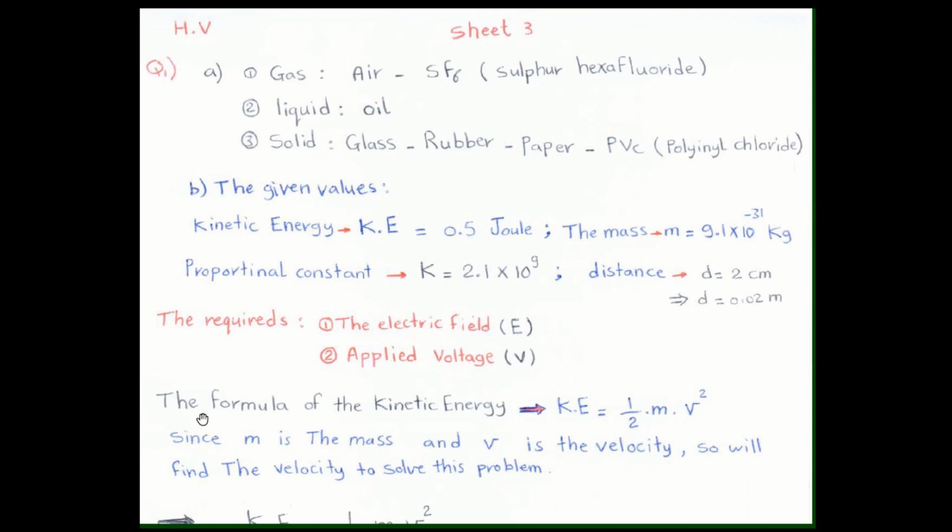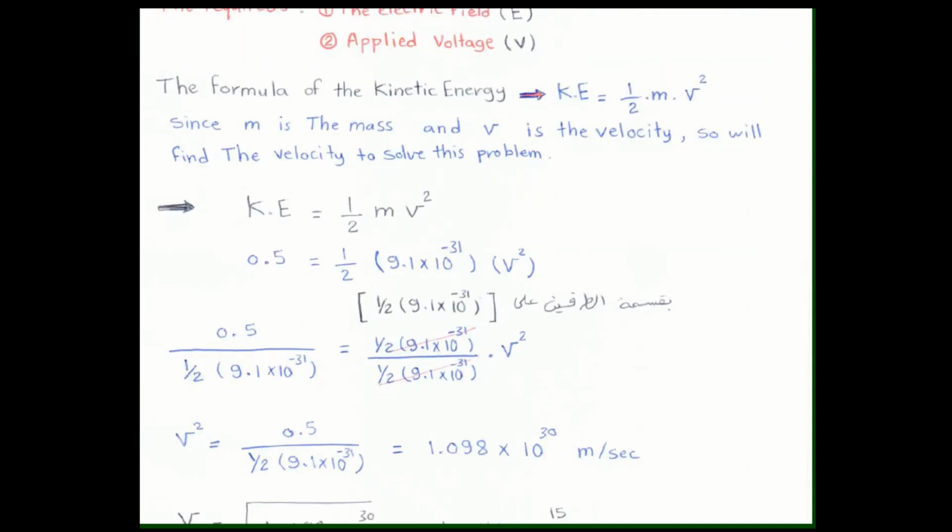So the formula of the kinetic energy, Ke, is equal to 1 divided by 2 into mass into velocity square. Here we don't have the velocity square. Why do we need to find the velocity?